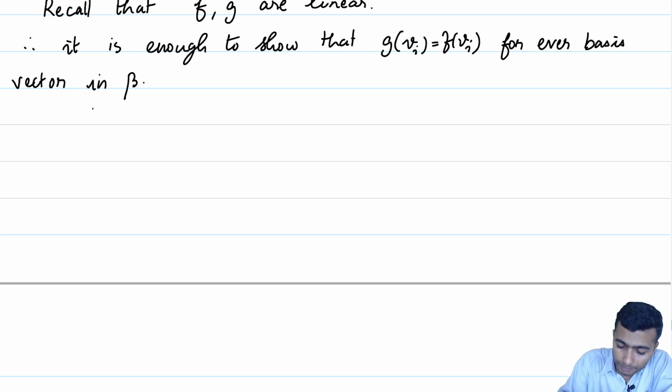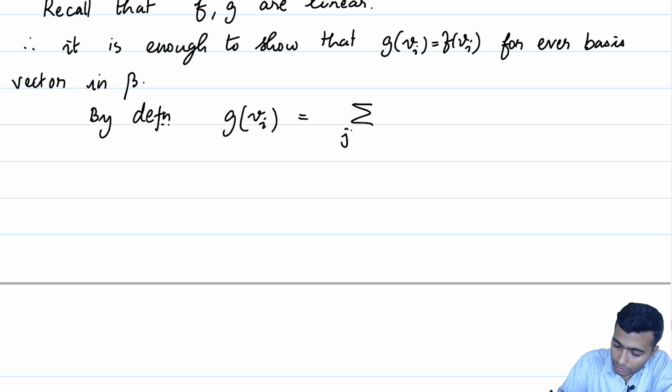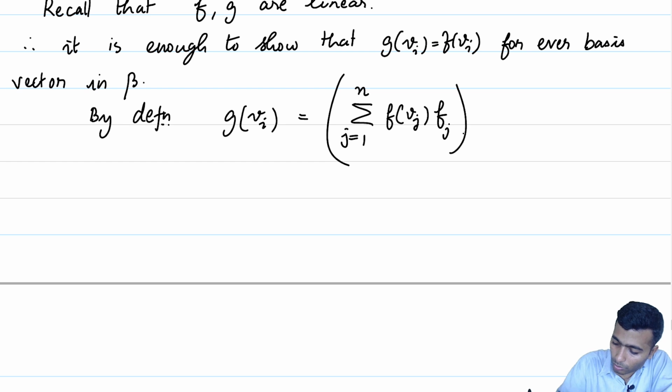By definition, G of Vi is equal to summation j equal to 1 to n f of Vj times Fj, the whole at Vi, right?